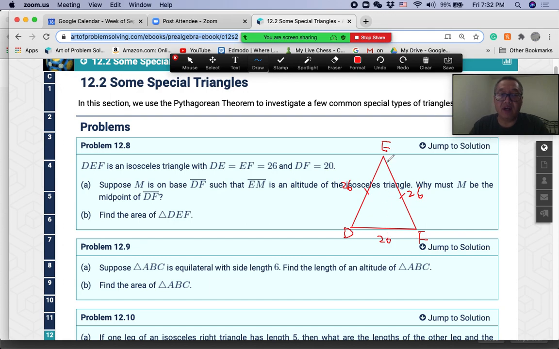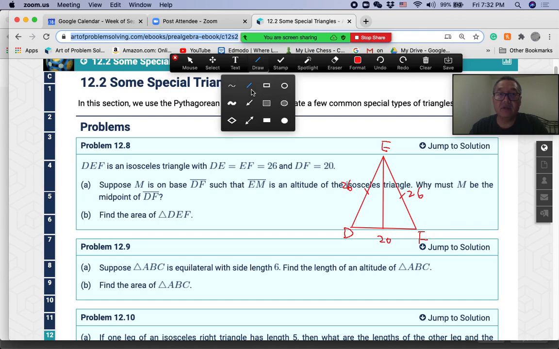Then they said M is on base DF such that EM is an altitude of the isosceles triangle. So that means EM is perpendicular to DF, right? Something like this.